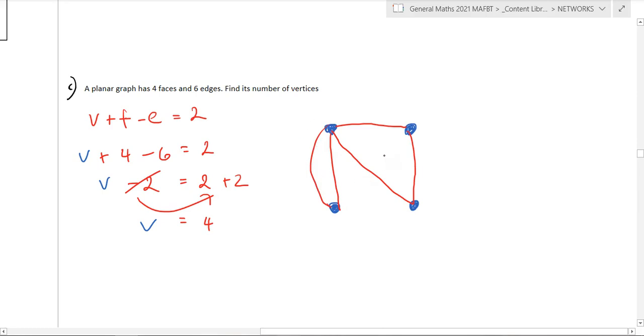I've got 3. 1, 2, 3, 4, 5. Okay. Oh yeah, I think I can make this work. Okay, this works. So here in this graph, I've got 1, 2, 3, 4 faces. I've got 1, 2, 3, 4, 5, 6 edges and 4 vertices.